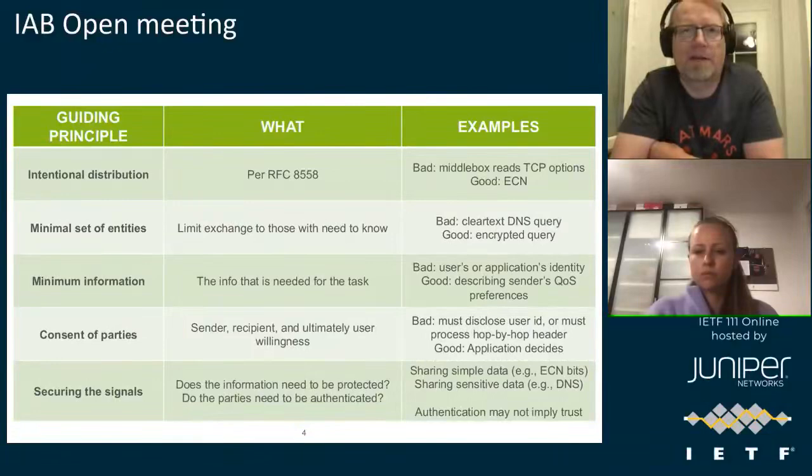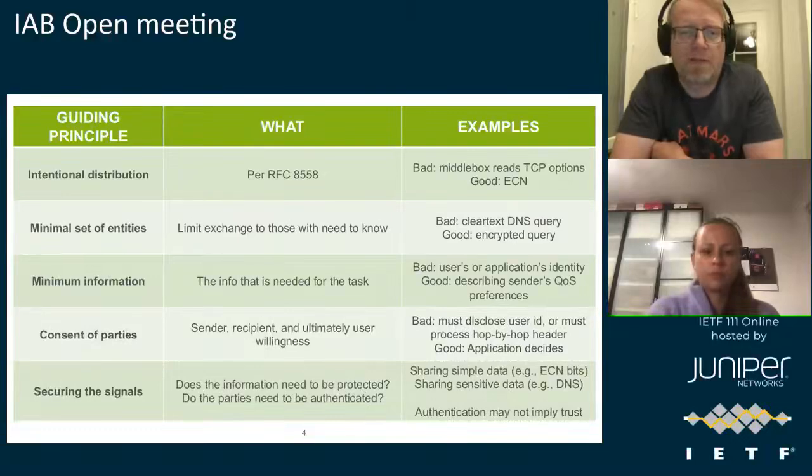Obviously you don't necessarily want to communicate the user's real world identity to all possible parties on the path, but you might also not want to reveal the application's identity because that might lead to things like blocking particular applications or providing a preferential or negatively preferential treatment to some applications. But you might be doing things like describing that I have these preferences for my traffic, that QoS or some other treatment, and that might be completely okay.